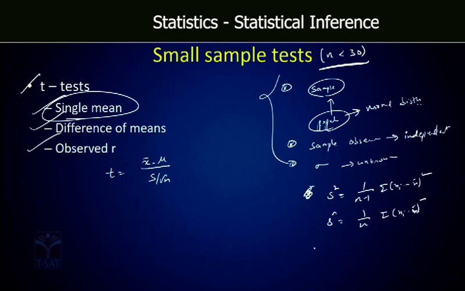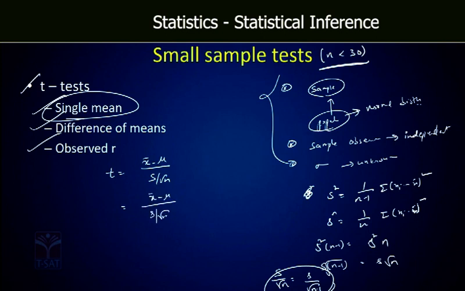Last class we discussed this: capital S square into n minus 1 is equal to small s square into n. When you take the square roots, capital S into under root n minus 1 is equal to small s into root n. Now capital S by root n is also equal to small s by under root n minus 1. We can write this as x bar minus mu by small s by under root n minus 1. We can use either of these two formulas.